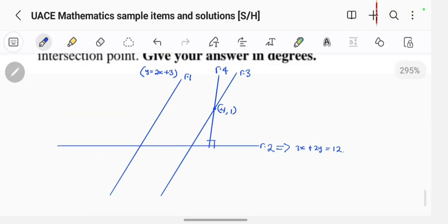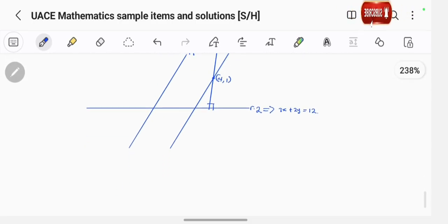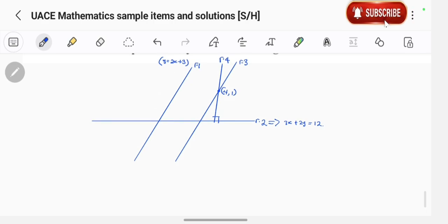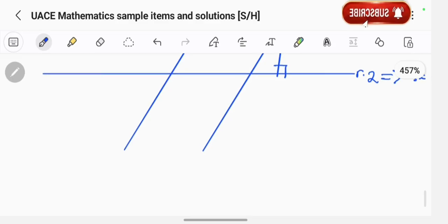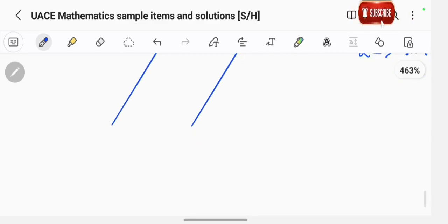Whenever you find questions asking for intersections of two lines, just know you're going to handle these two lines as simultaneous equations. What you have to do is handle them as simultaneous equations. So I'm going to use substitution. Why?